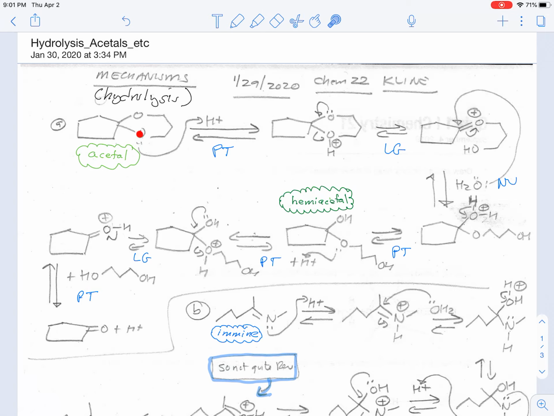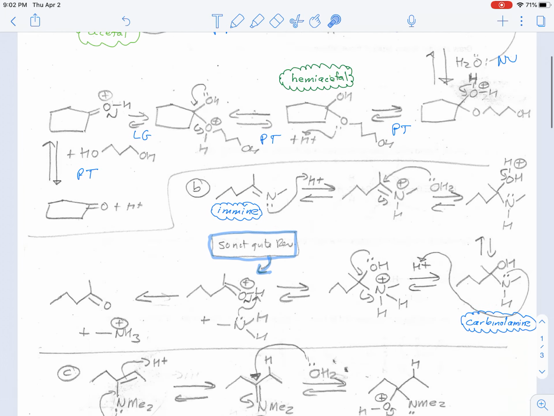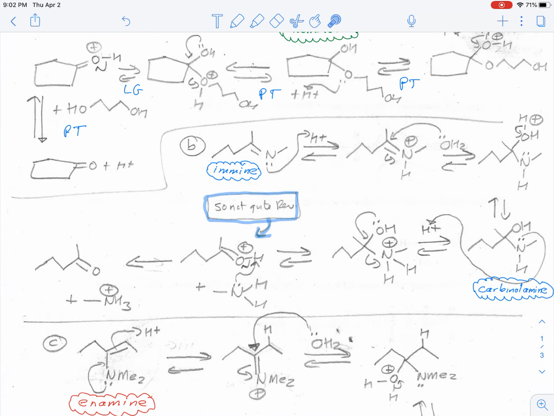And again, the carbonyl in the acetal is recognized by having these two oxygens. So in all three of these hydrolysis reactions, we're going to be breaking bonds to heteroatoms, because the heteroatoms attached to this carbon ultimately become the leaving groups.